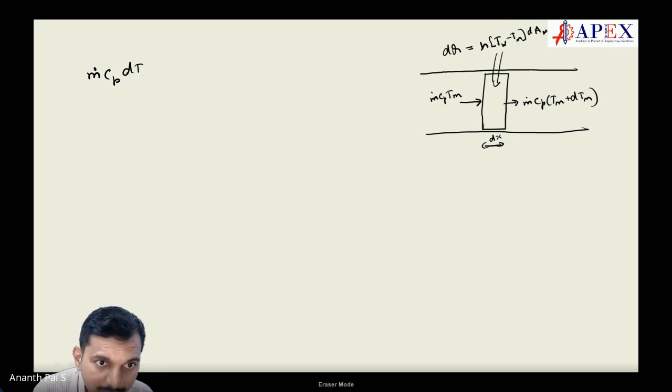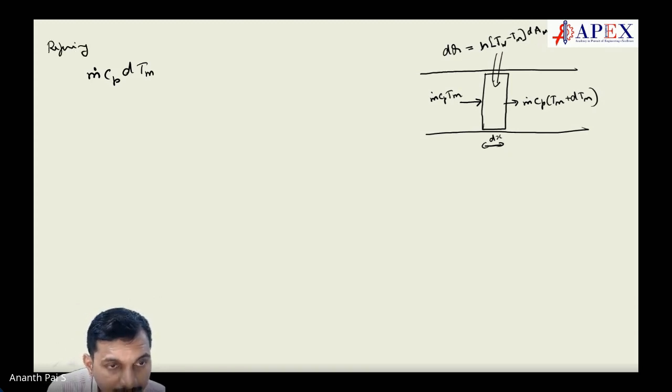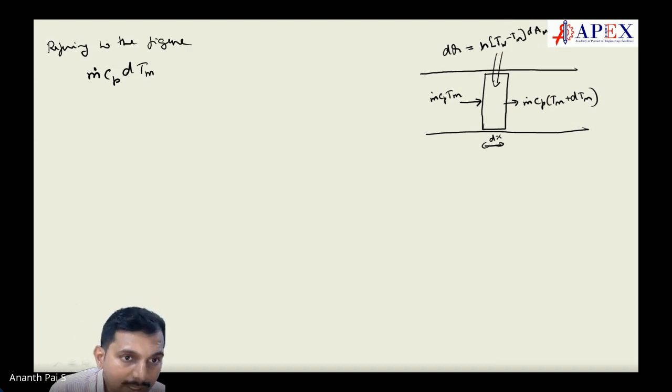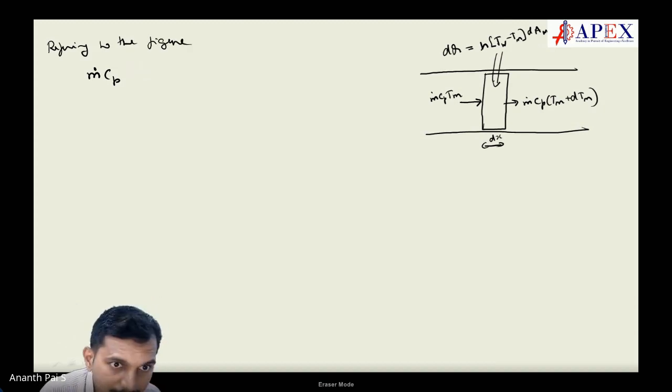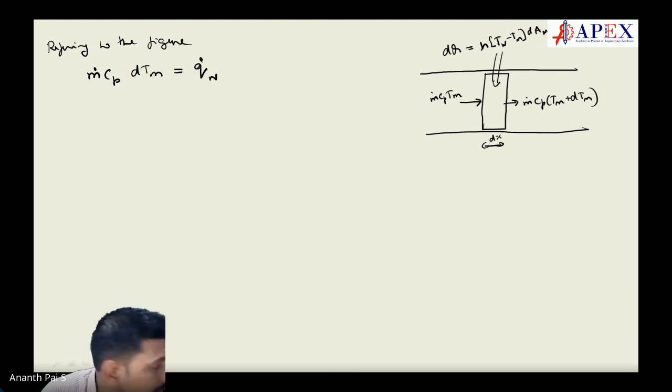dTm can be equal to, referring to the figure, m dot Cp dTm is actually equal to q dot on the wall, into, if you consider here, perimeter into dx.